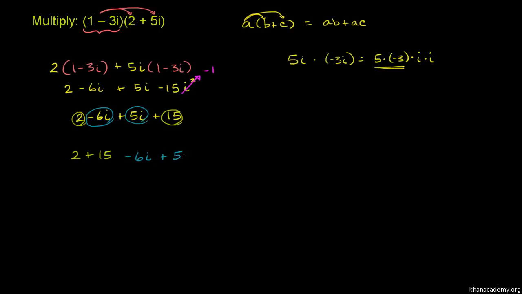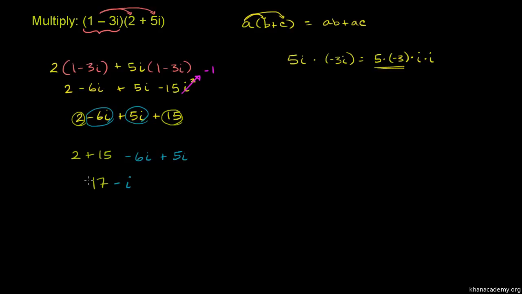If I have 5 of something and I take 6 of that something away, then I have negative 1 of that something. Negative 6i plus 5i is negative 1i, or I could just say minus i. So I just multiplied these two complex numbers using the distributive property twice.